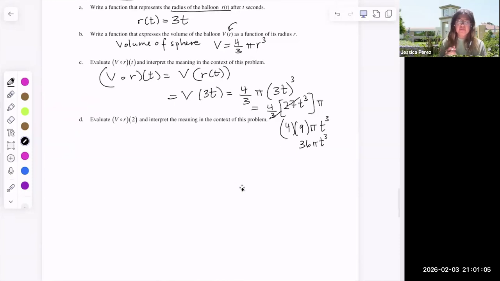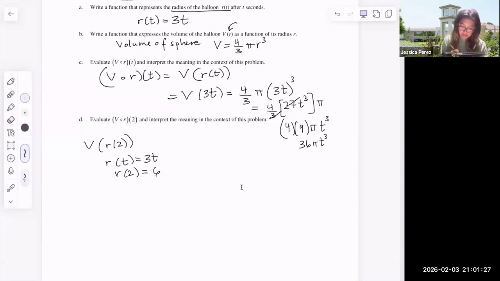So now what happens if we evaluate V of r of 2? So first we do r of 2, which is, sorry, we use r of t to be 3t. So r of 2 would be 6. Well, we already know what V is in terms of time, so let me change it.